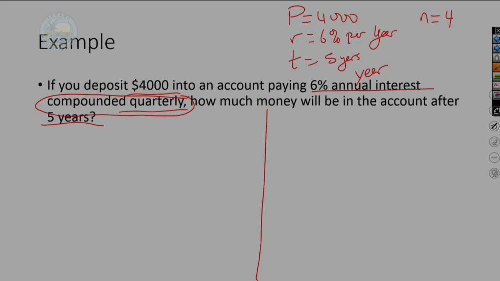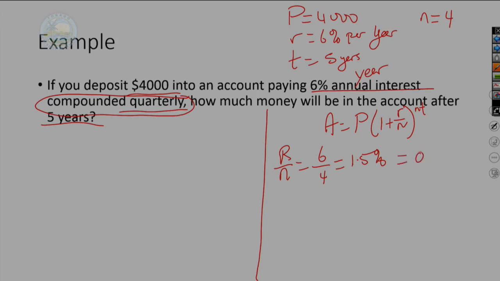If we were to use the fancy formula, the amount is the principal times 1 plus the rate over n, all to the power nt. Let's just find the values before we put them in our formula, right? r over n, how much is that? That would be 6% over 4, which is 1.5%. But do we want it as a percentage? No, we don't.